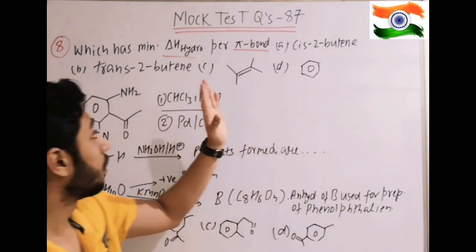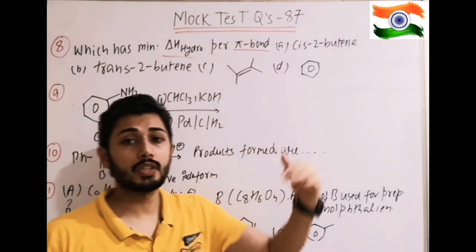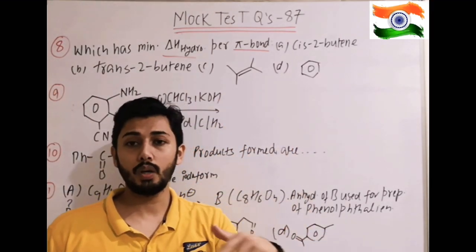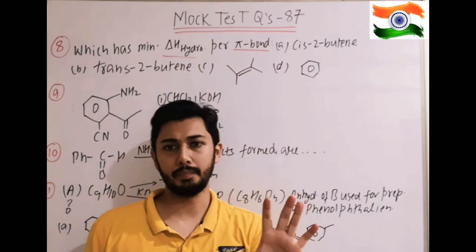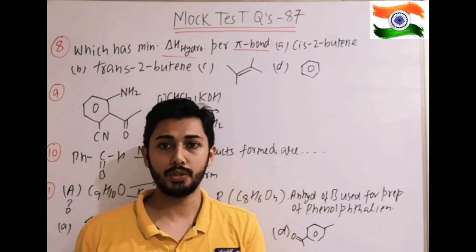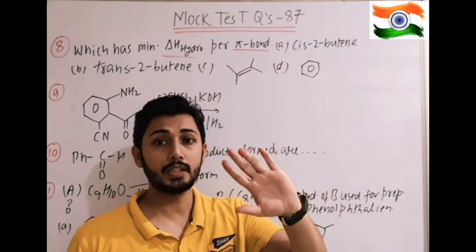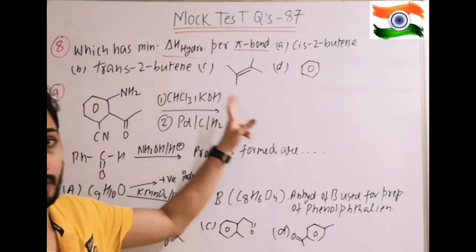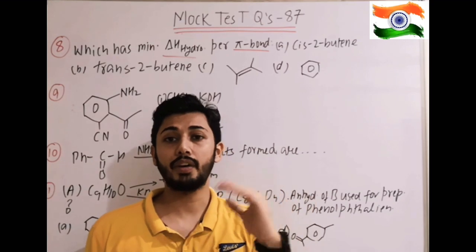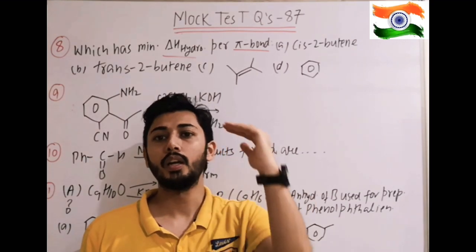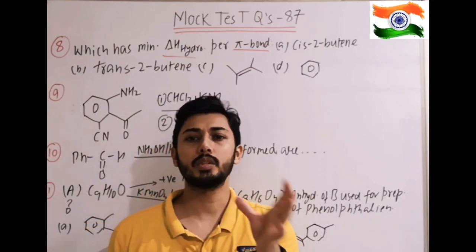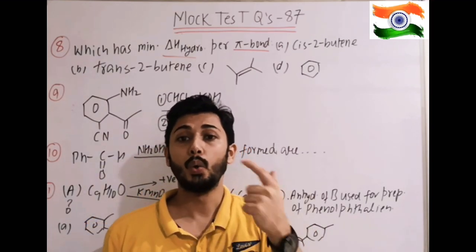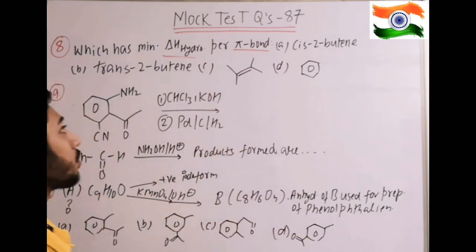Among them, benzene is highly stable, but its overall heat of hydrogenation is around minus 200, the maximum among these options, but that is the total. If we find it per pi bond, we divide by 3 because there are 3 pi bonds, and this value is approximately 70, which is the least among all these options.